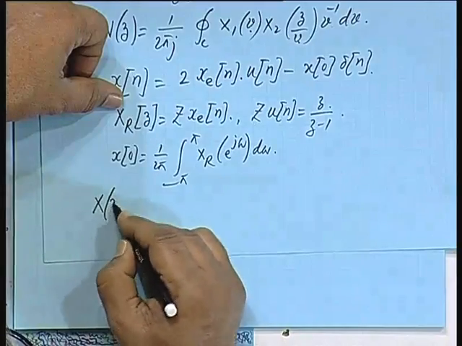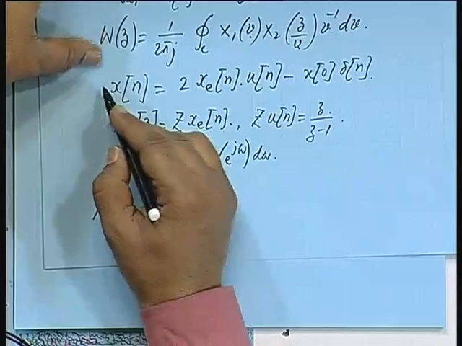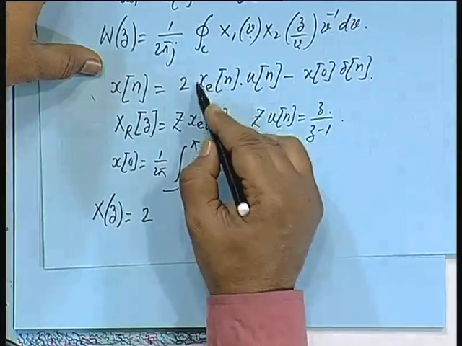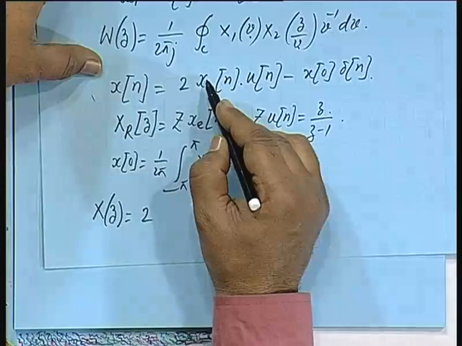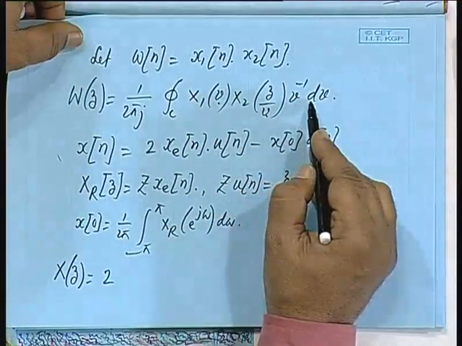X(z) will be 2 times, I take the Z transform of both sides. So, 2 times the Z transform of this product. The Z transform of the product is given by this.